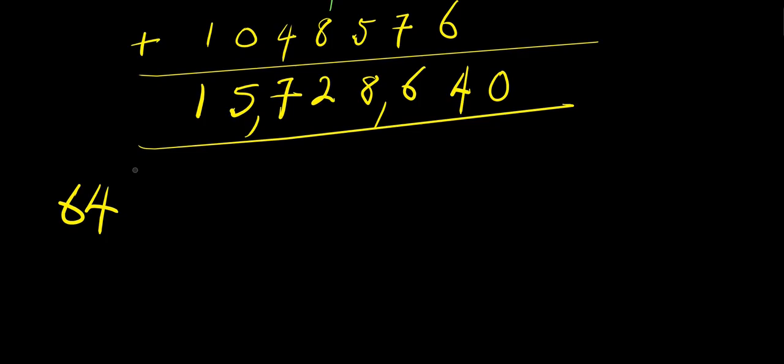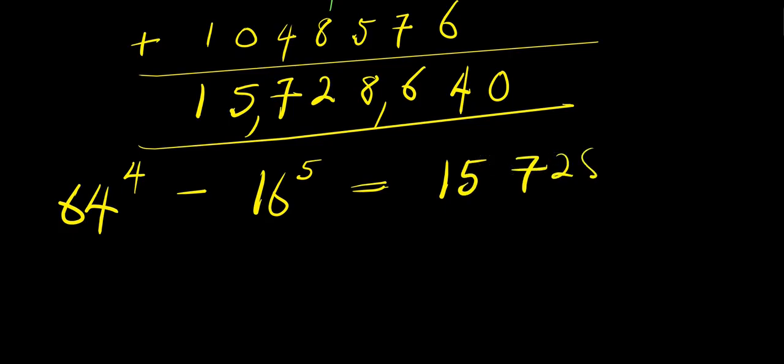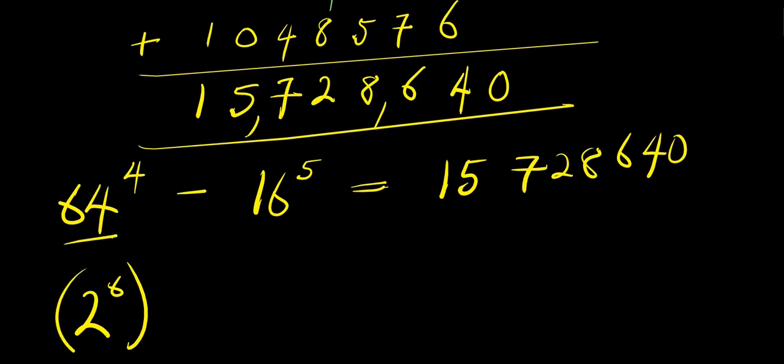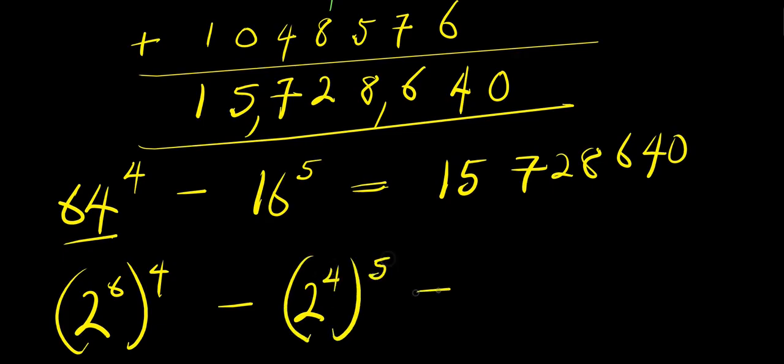64 to the power of 4 minus 16 to the power of 5. And this is 15,728,640. Now, you can also express this in terms of 2, that is 2 to the power of 6, that is 64, to the power of 4, minus 2 to the power of 4, that is 16, to the power of 5.